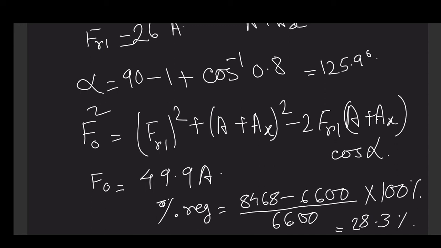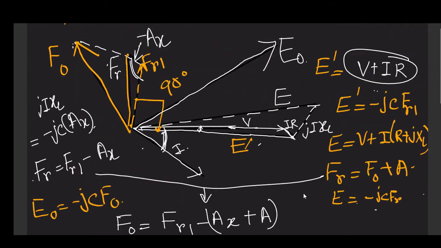Whatever regulation takes place in reality, your calculated regulation is smaller than that value. Your actual machine will offer a poor regulation in comparison with the calculated one. How? Let me explain that.